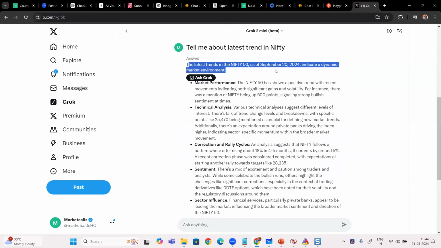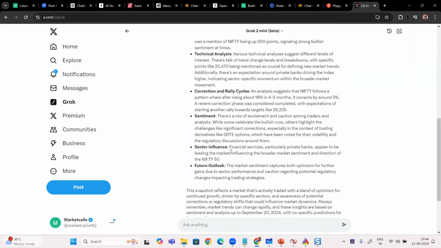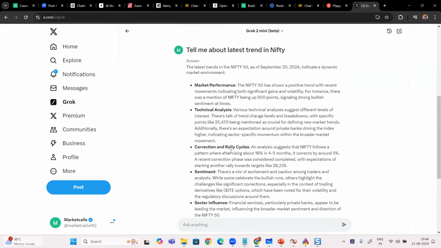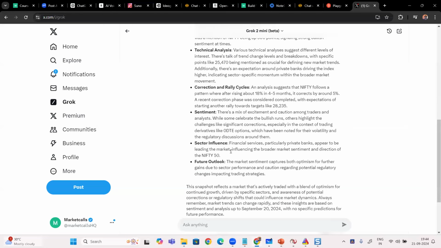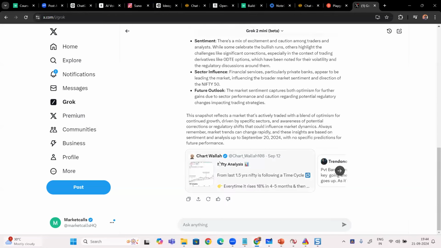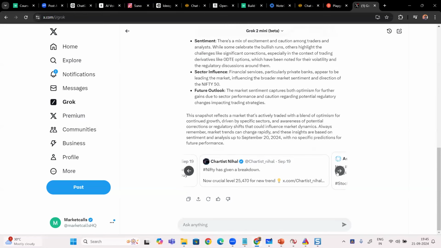So whenever you're getting answers from this, you have to be very careful because we don't know when these values are from. For example, it's saying 28. Basically, it's coming up with the answers mostly from what people are speaking on Twitter, right? What people are sharing on Twitter, most of the time you can see that it is also attaching some of those talks, what people are talking about.